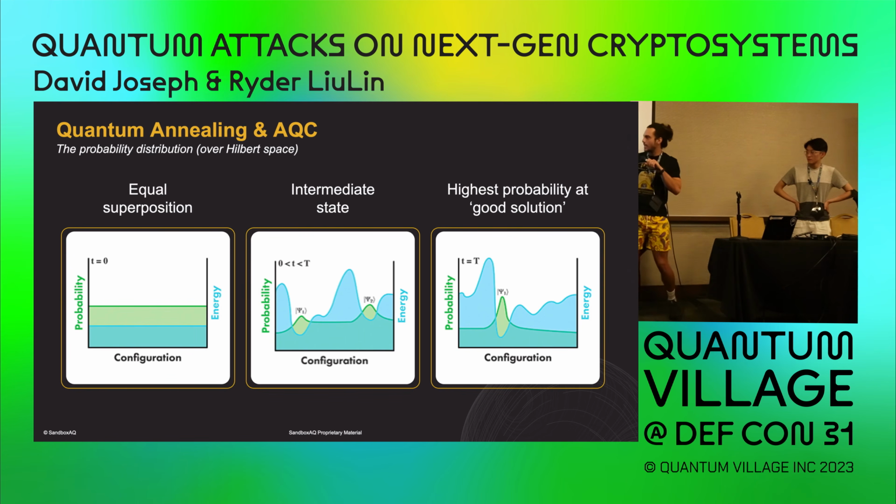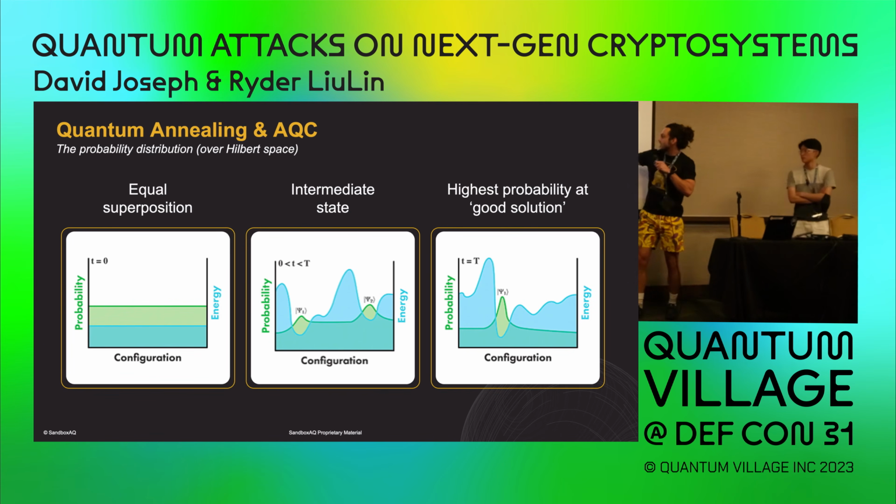The way I like to think about it in AQC is that you start with the marble here, and as you slightly perturb it, the marble is always going to remain at the lowest energy point. As you gradually perturb it, that lowest energy point in the overall space continuously evolves until it's down here. That's the way I like to think about it.